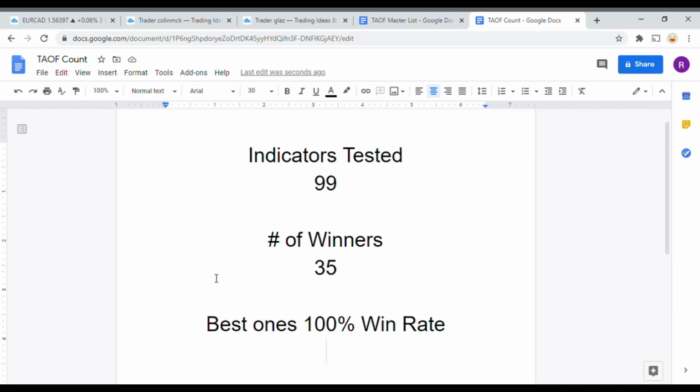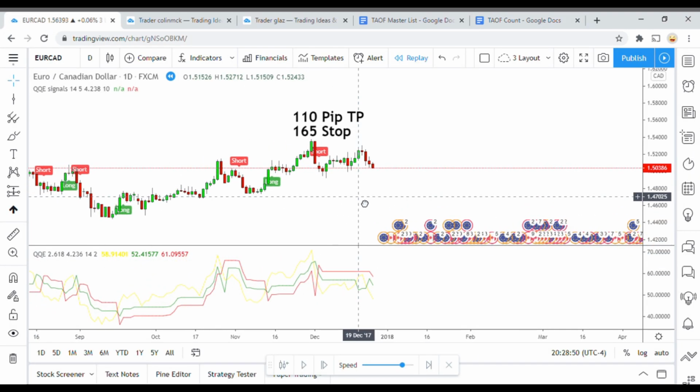The best ones so far were able to achieve a 100% win rate. You need to go back and watch those videos to understand the context of how they were able to achieve that. But as we are working on building the best trading system possible, you could take any one of those 35 indicators and get out there and start potentially profitably trading the markets with them now. So go back and watch those videos, make a list of those indicators, and see what you can do with them. But stick with us here as we work on maximizing your trading profits.